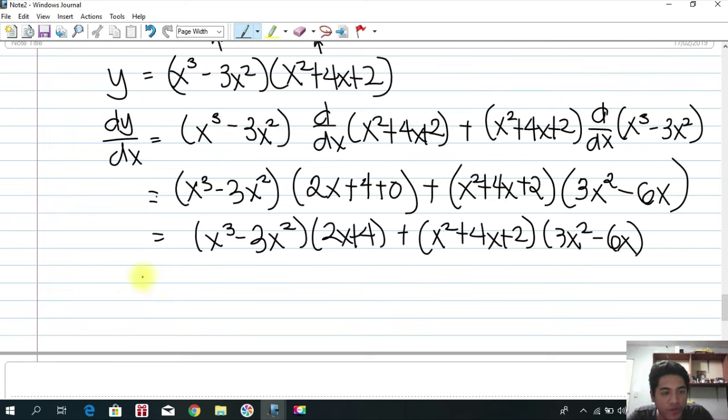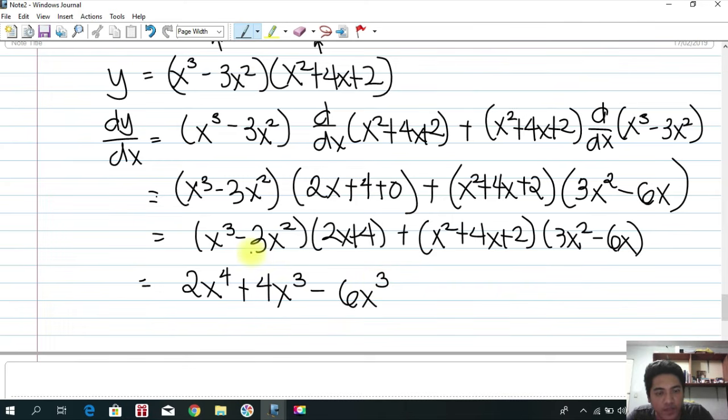So in order to simplify, we need to apply FOIL. First, x cubed times 2x, that is equivalent to 2x raised to 4. Outer, x cubed times 4, that is plus 4x cubed. Inner, negative 3x squared times 2x, that is equivalent to negative 6x cubed.